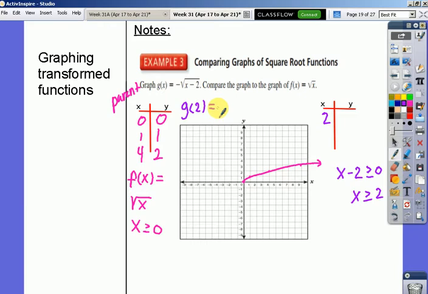Square root of 0 is 0. Negative 0 we can't have, so it's just 0. Okay, let's do 3. What is g of 3? Yeah, negative 1. 3 minus 2 is 1. Square root of 1 is 1. And then you have a negative on the outside, so you have negative 1.